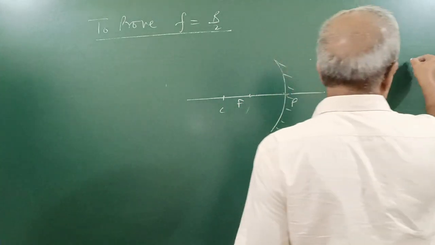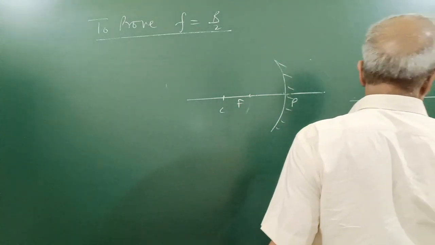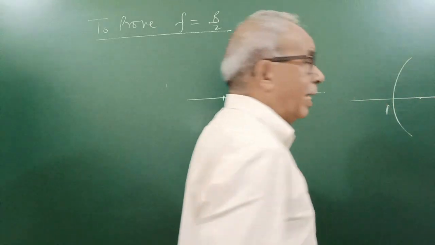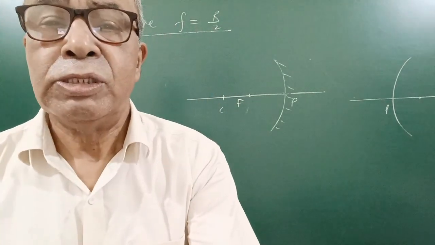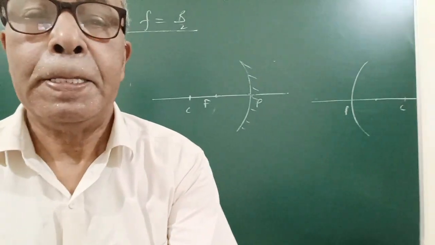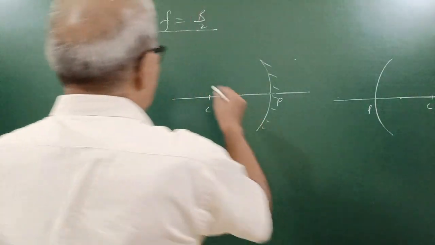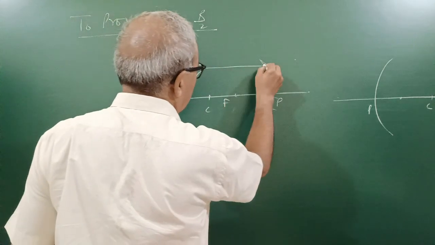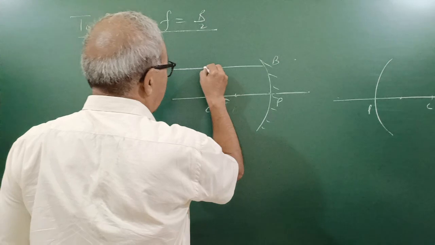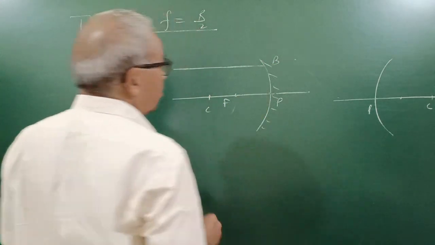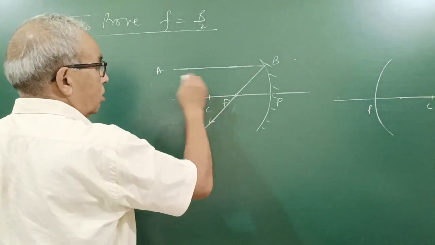The same in convex mirror: C, pole, and exactly the midpoint. If you draw it like this, the diagram will come out right by itself. Then I take a ray AB parallel to principal axis, and by definition of focus, this ray will pass through focus like this.